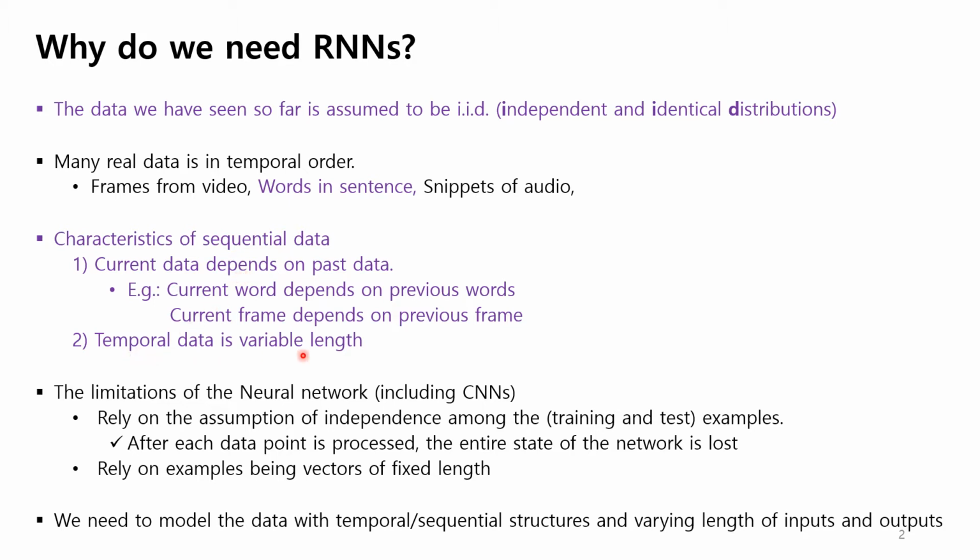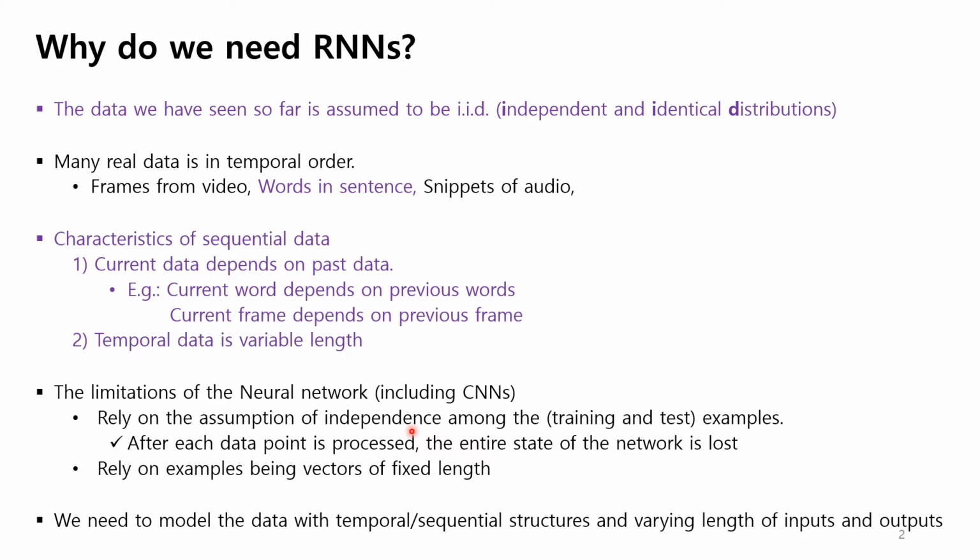So the question is, how do we process these sequential data? If we try to process this sequential data using neural net or CNN, then it is impossible, because in neural net we assume each data is independent. So the output of neural net only depends on input.